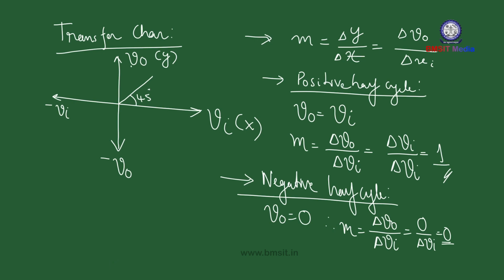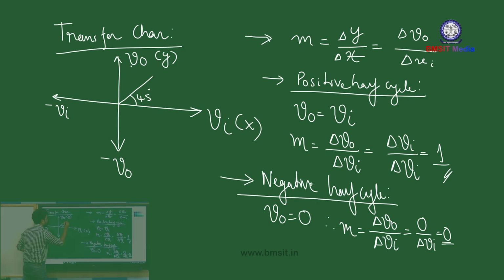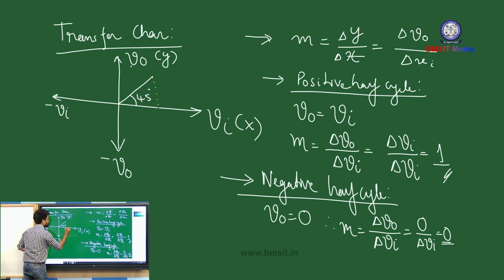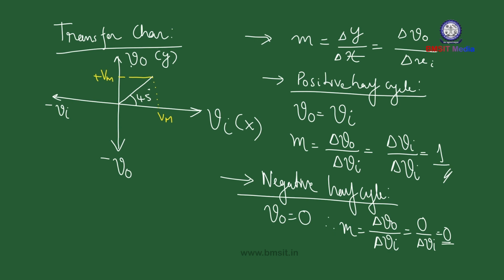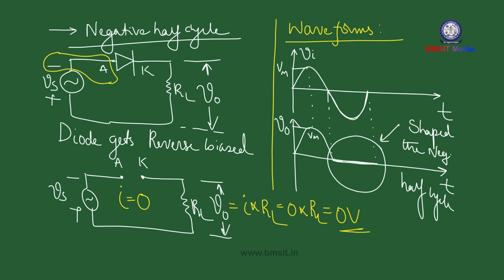So that means to say, when your input reaches plus Vm, your output reaches plus Vm as well. Let me show you in the waveform. So this is what I was saying.